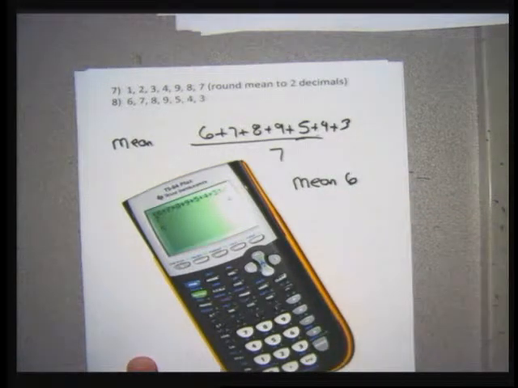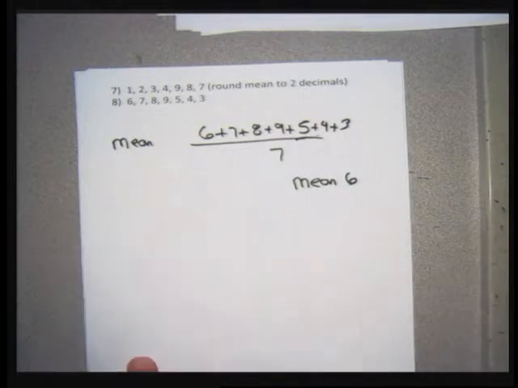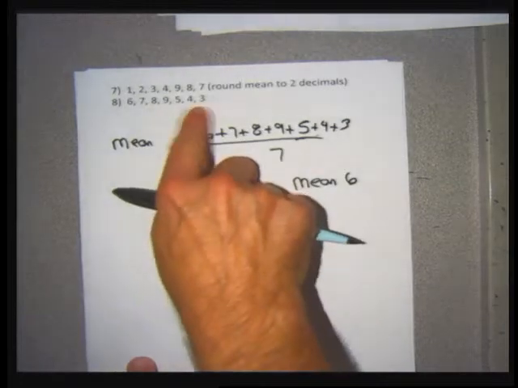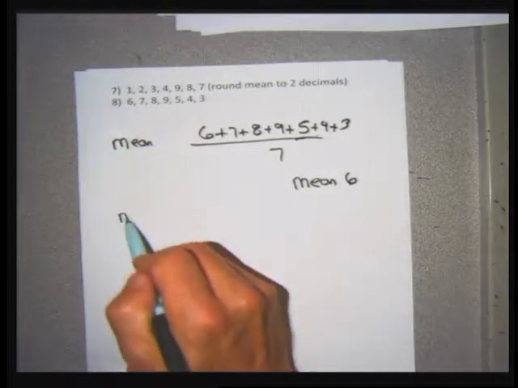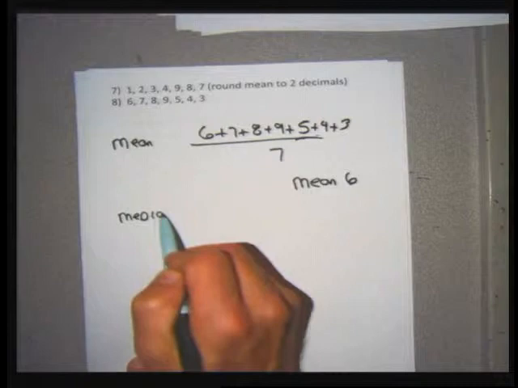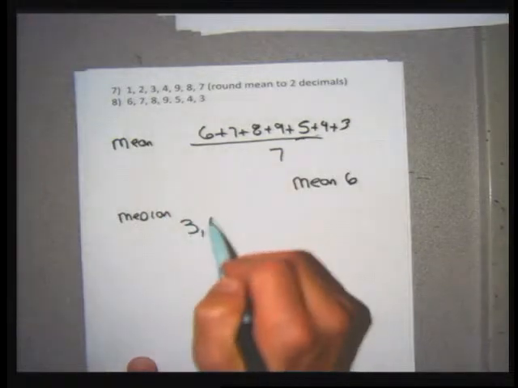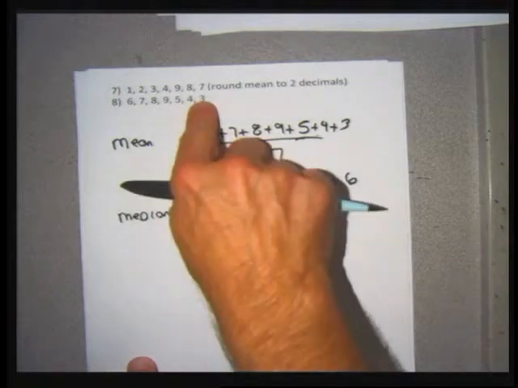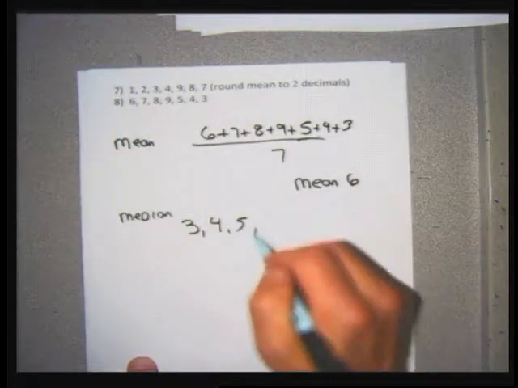I have to order the data to do the median, and it's going to be easy to order. I'm just going to go 3, 4, 5, 6, 7, 8, 9. So the data ordered is 3, 4, 5, which are those three numbers written in a nice order, then 6, 7, 8, 9.